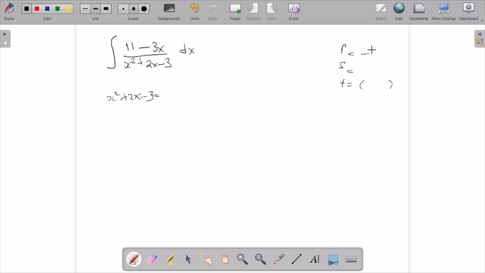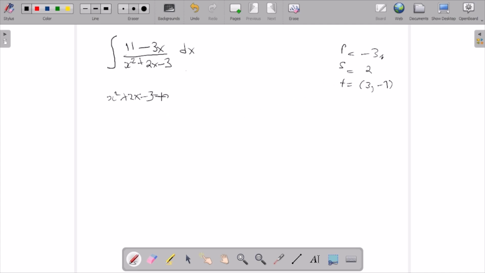In this case, a times c is minus 3, because 1 times minus 3 is minus 3. The sum here is 2, that is the coefficient of x, which is equal to b. So what two numbers can we multiply to get minus 3 such that if we add them, we'll get positive 2? It's easier to see that it is 3 and minus 1.